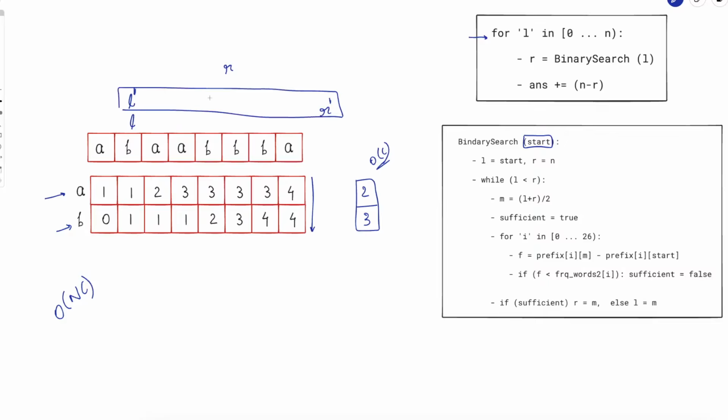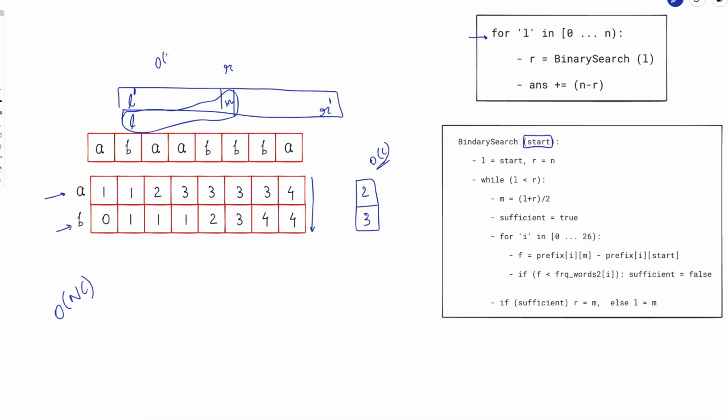Now you will do a binary search between L dash and R dash. You will first go to some M, and figure out whether L to M is valid or not. Notice that you will not search for L dash to M, because L dash can change in between. So you will search whether L to M is valid or not. And for that, you can simply use this algorithm to get this answer in just order C time.